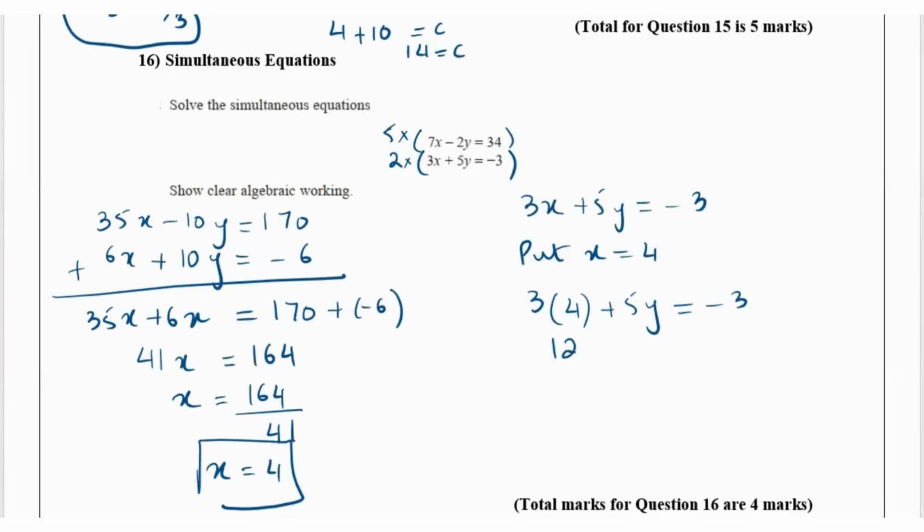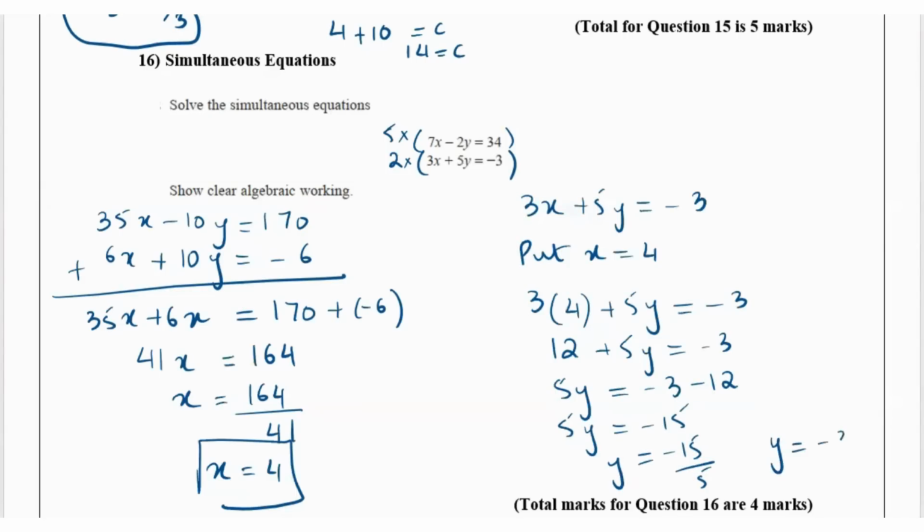That's 12 plus 5y equals negative 3. 5y equals negative 3 minus 12, negative 15. y would be negative 15 divided by 5, which is negative 3. So when x is 4, y is negative 3, and that is your final answer.